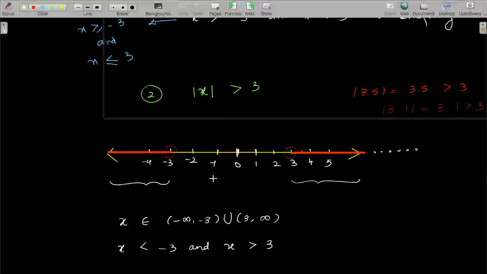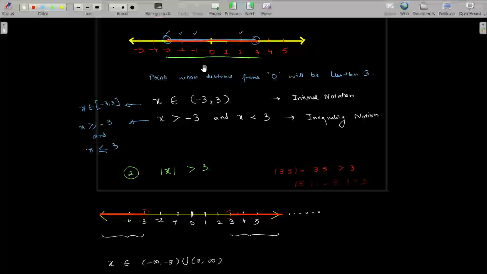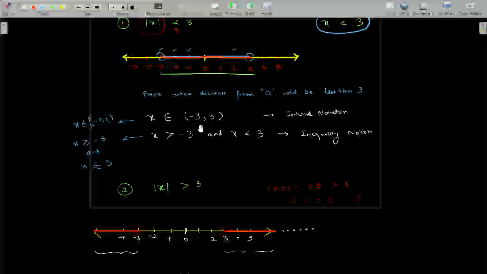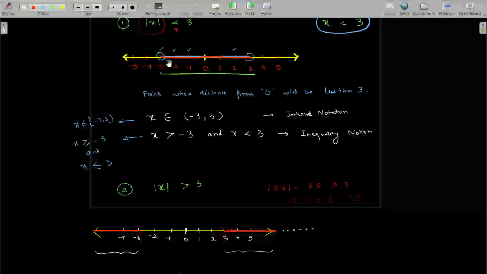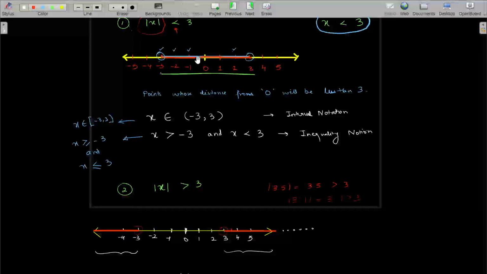Now, if you see one more thing in the two number lines, Anishka, the solutions to both these cases are exactly opposite. In the first case, the solution was between negative 3 and 3, and in the second case, the solution is everything except the first case, right?